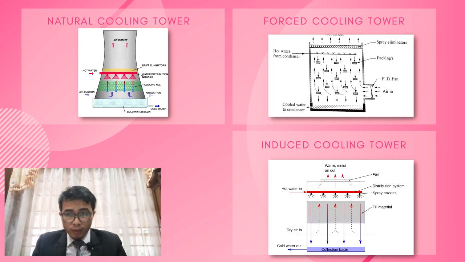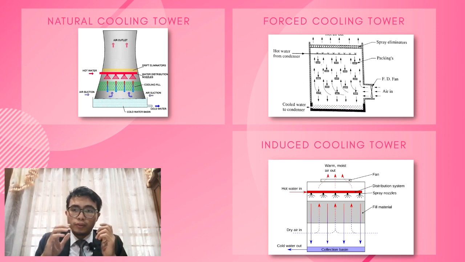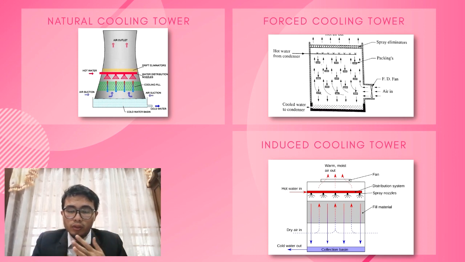We are also provided with an overflow drain that prevents the water collected in the basin from overflowing. Now I would like to tell you that there are 3 types of cooling tower: natural cooling tower, forced cooling tower, and induced cooling tower. The natural cooling tower doesn't involve any mechanical device or fan.